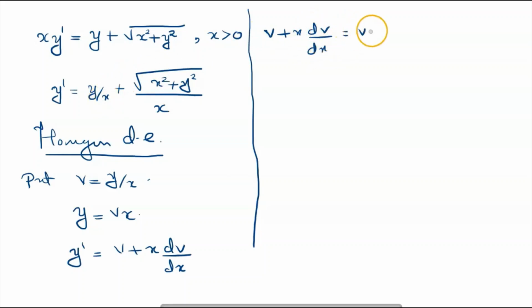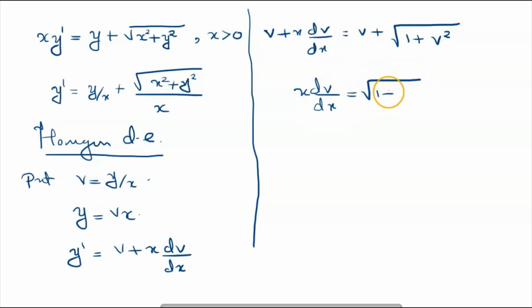So what we get? y dash, that is v plus x into dv by dx, equal to y by x which is v, plus, taking this x inside the square root, we get x square divided by x square, that is square root of 1 plus y square divided by x square, which is v square. So v cancels, but we get x into dv by dx is equal to square root of 1 plus v square.